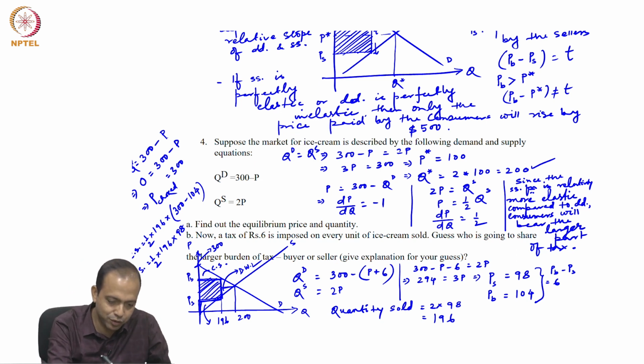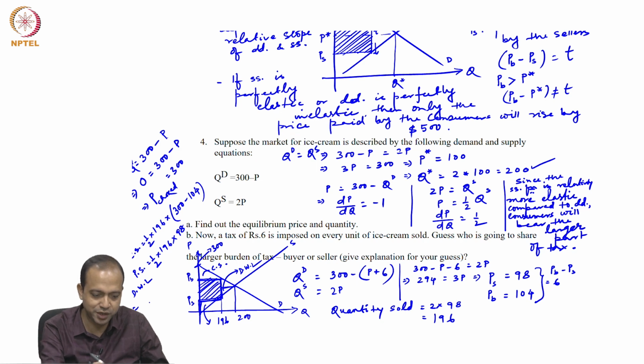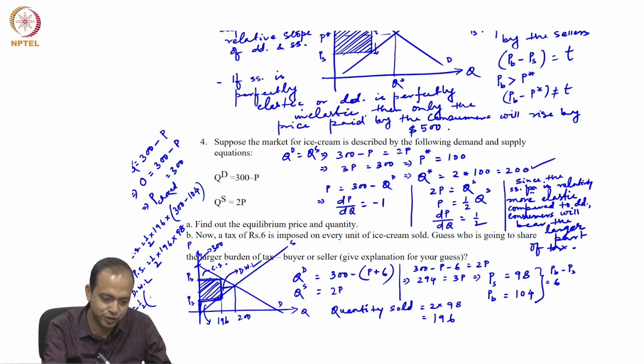So, deadweight loss equals half into PB minus PS, which is the tax amount, into the height. The height is the difference between the quantity sold pre-taxation and post-taxation, which is 200 minus 196, that is 4. PB is 104, PS is 98, so half into 6 into 4 equals 12.